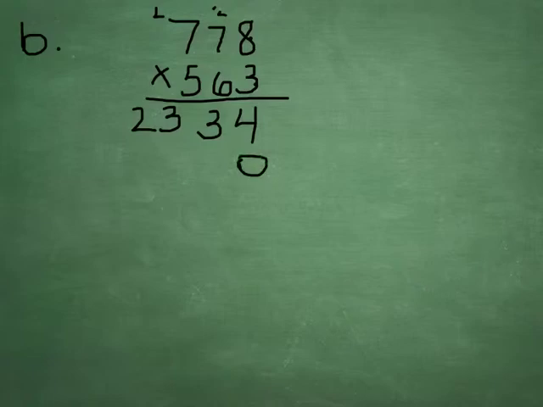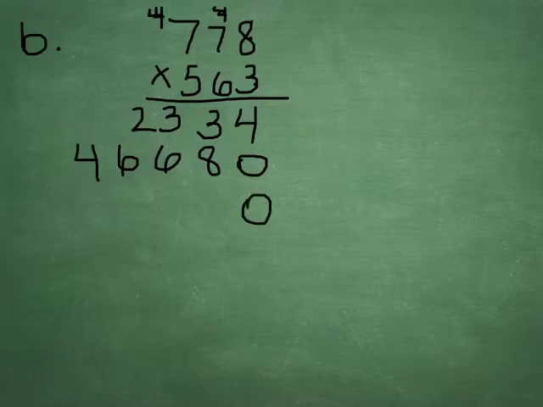Now we're going to put a placeholder in. 6 times 8 is 48. Carry the 4. 6 times 7 is 42 plus 4 is 46. Carry another 4. 6 times 7 is 42 plus 4 is 46.